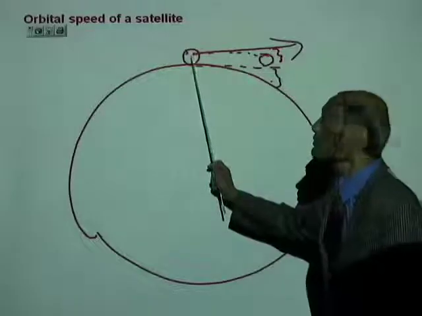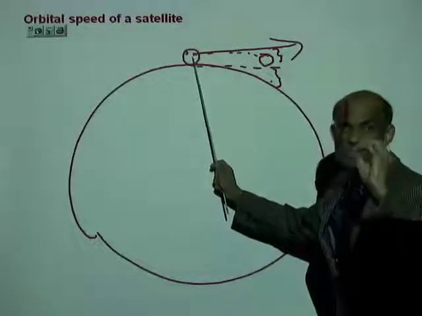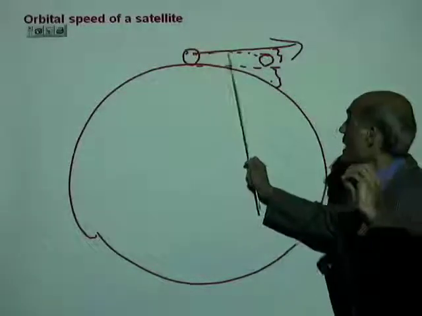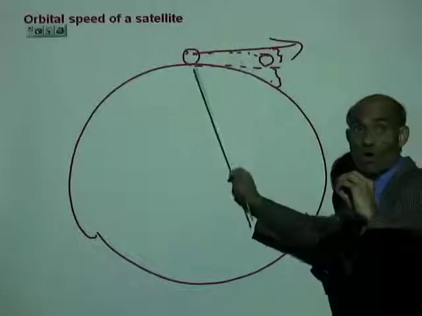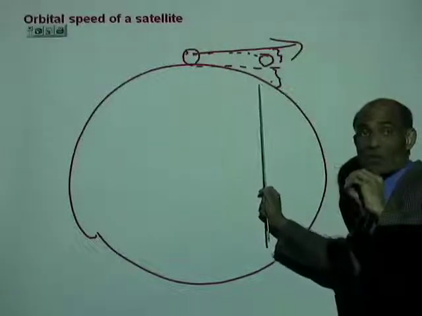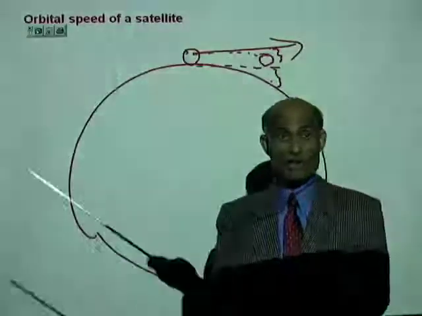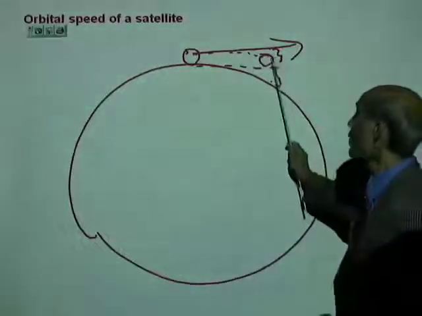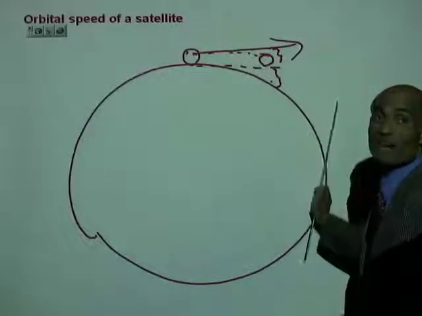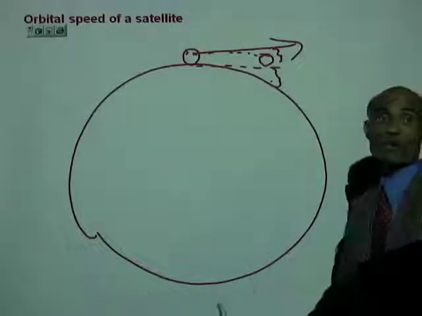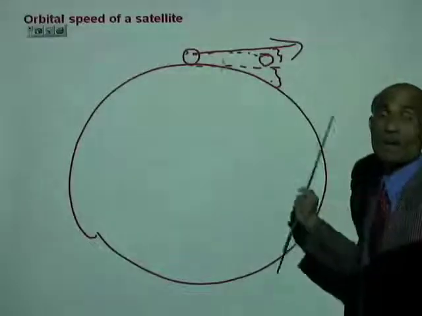So, if you can throw this ball with such a speed that the amount of fall of the ball equals the amount of fall of the surface of the Earth due to the curvature of the Earth, then this ball will never come back to the Earth. It will keep going round and round.